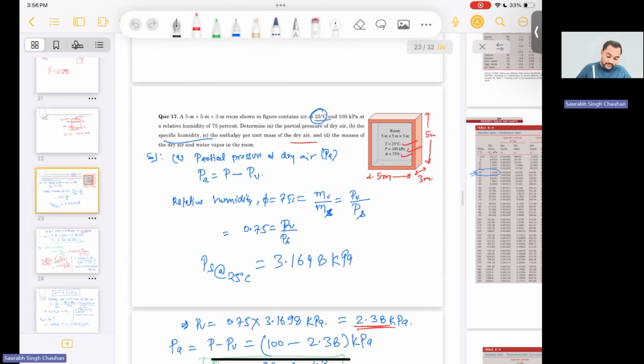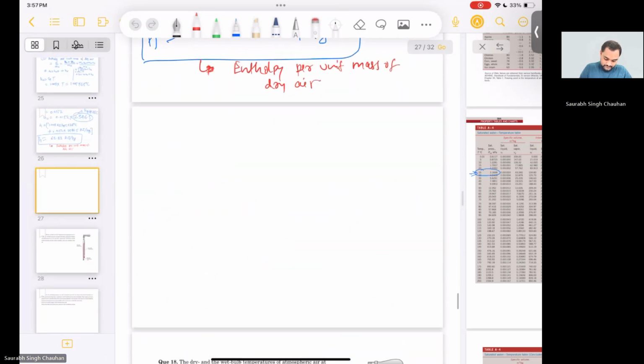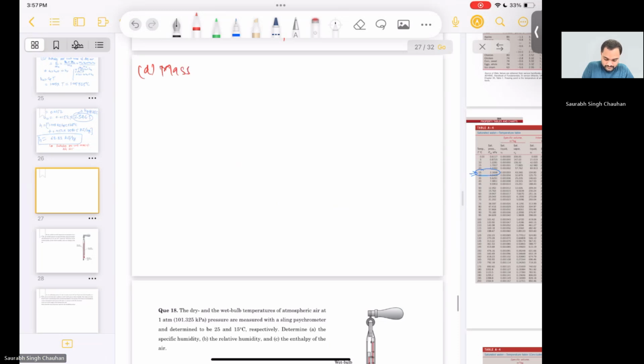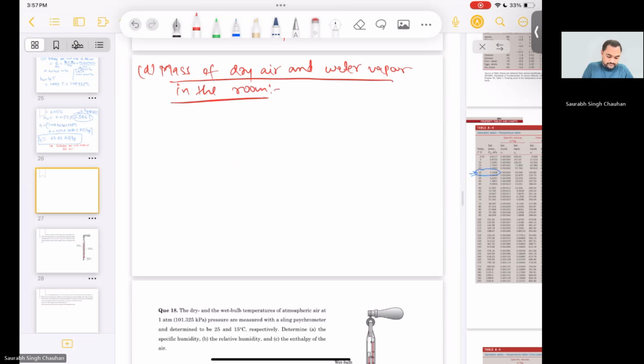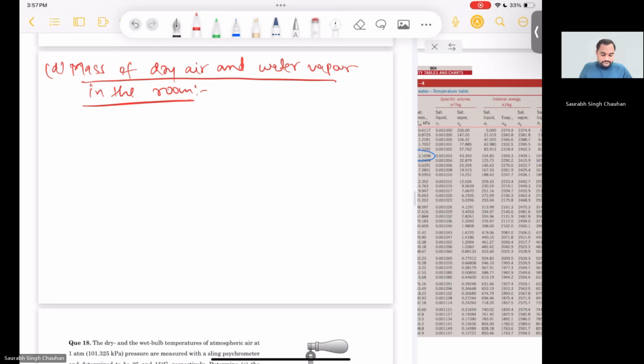What else you have to find? Mass of dry air and water vapor in the room. Mass is volume multiplied by density.